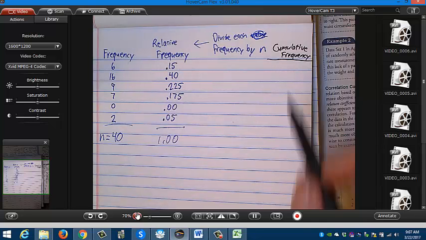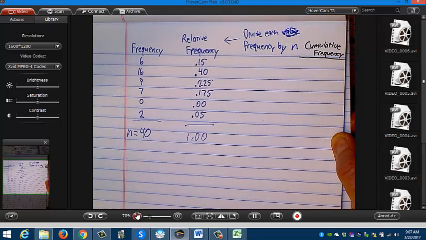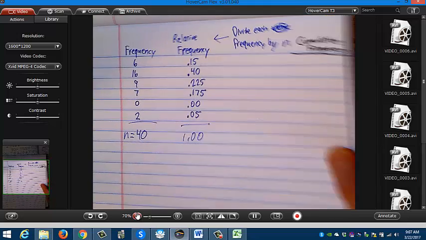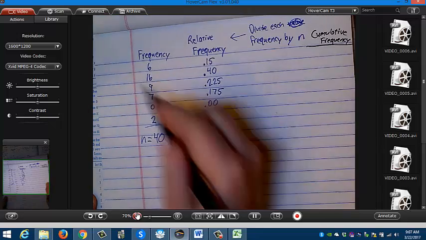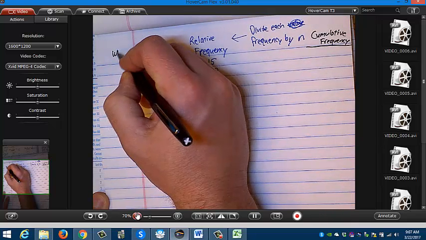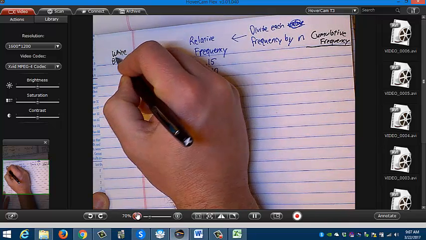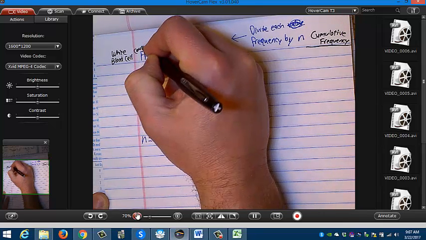I guess to show this, it would be wise for me to remind you what we were actually counting here. I think we were counting white blood cell count. Yeah. And so you might remember that we had, what was your white blood cell count?